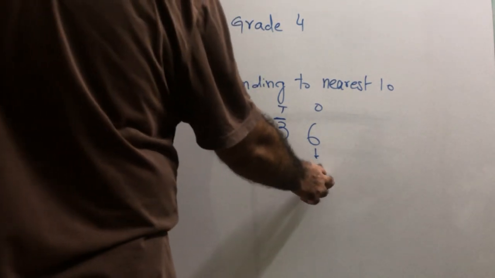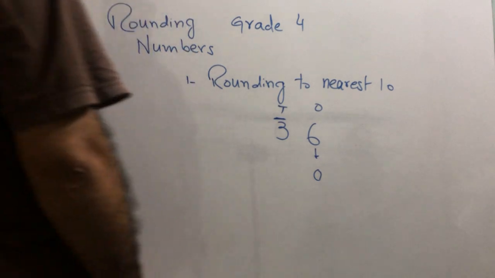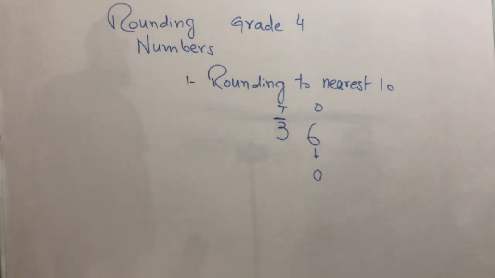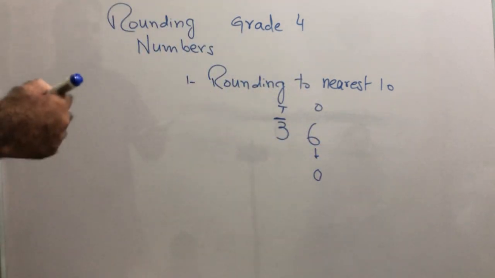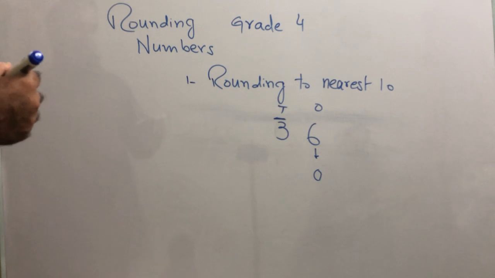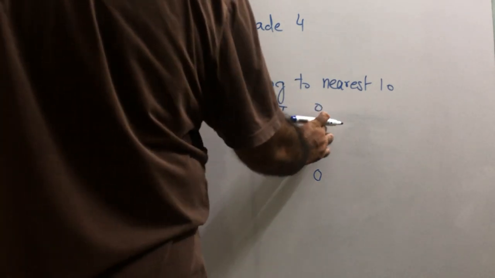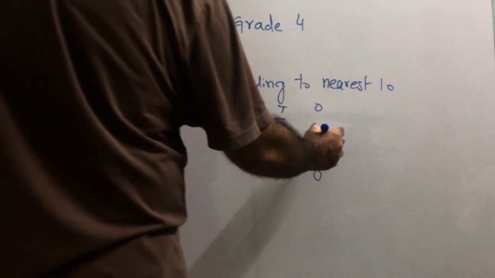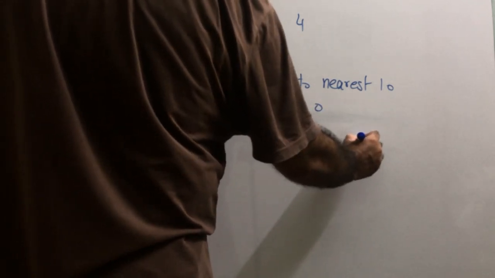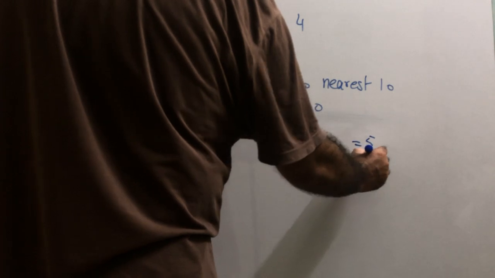This is the first point you need to remember, that when you are doing rounding to nearest 10, ones will be automatically 0. The second thing is that you need to see the number on the right side of tens, whether it is equal to 5 or greater than 5.